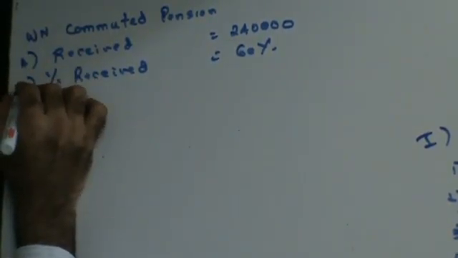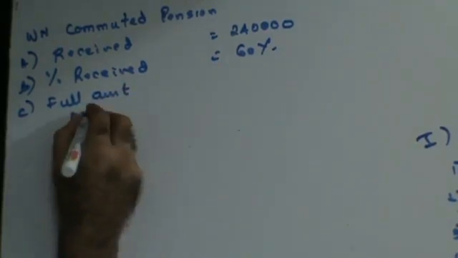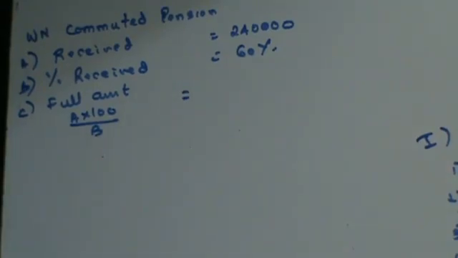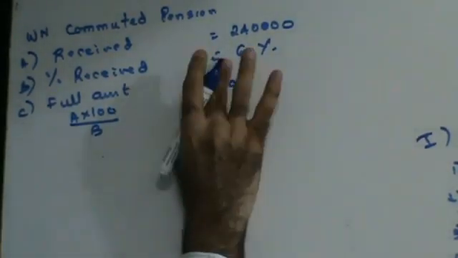Percentage received, B, is 60%. Full amount, C, is A into 100 divided by B. Someone please do that. 2,40,000 into 100 divided by 60. I presume it should come to 4 lakhs.